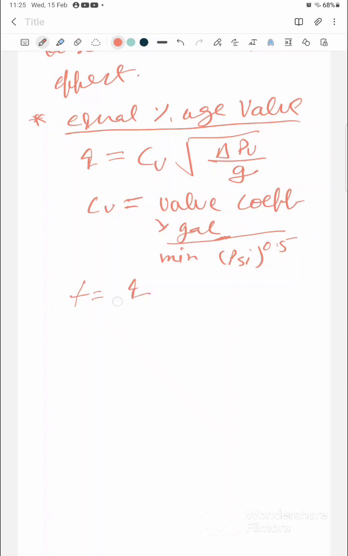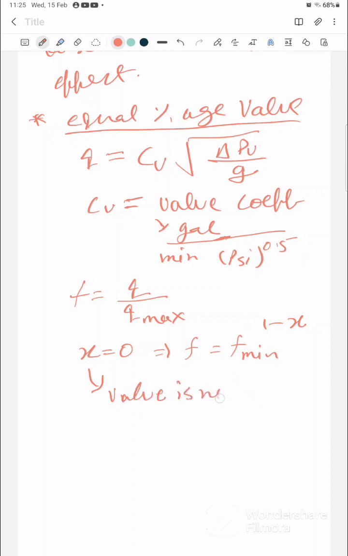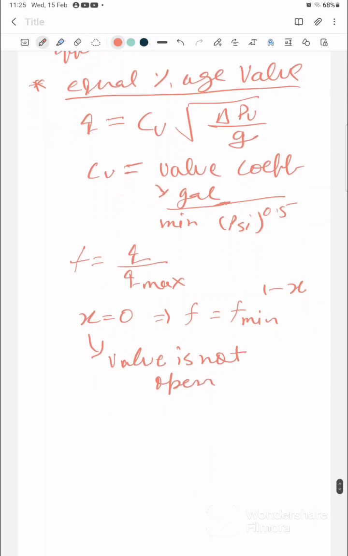F fraction is defined as Q by Q max. X is 0, like when F equal to F minimum, 1 minus X. X is when valve is not open. Okay.